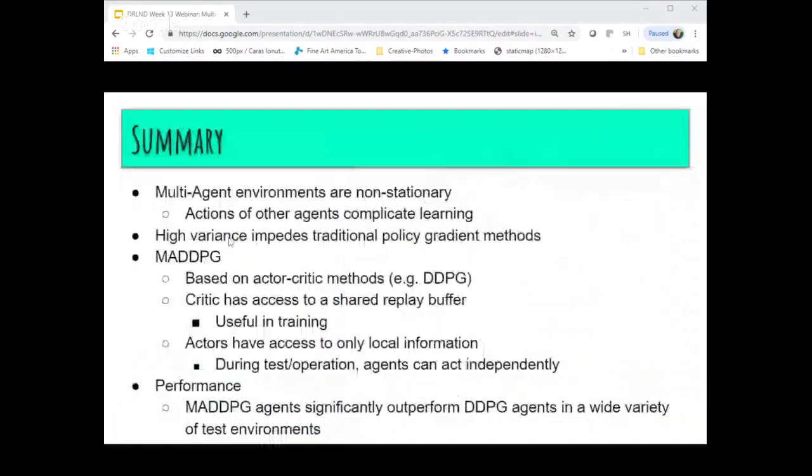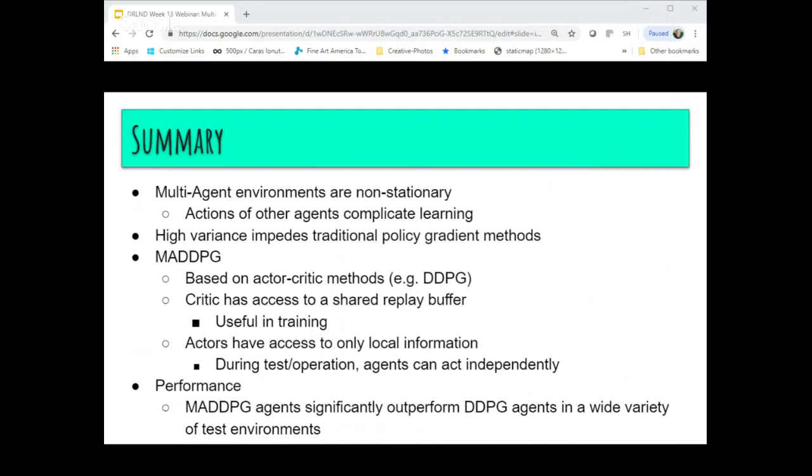So with that, just a summary of today's webinar. We talked about how multi-agent environments are non-stationary, and the actions of other agents complicate the learning process, and high variance impedes the policy gradient kind of methods. So the authors of this paper we talked about today came up with this multi-agent version. It's based on the DDPG algorithm, the actor critic standard algorithm.